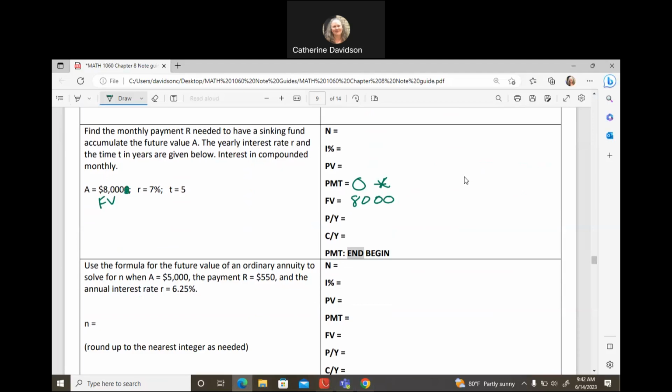The yearly interest rate is 7%, and the interest is compounded monthly. It's for 5 years, so it's monthly times the number of years. We're looking for the payment. When you start with the account, you're going to have $0. How much do we have to put in every month to have $8,000 in 5 years?